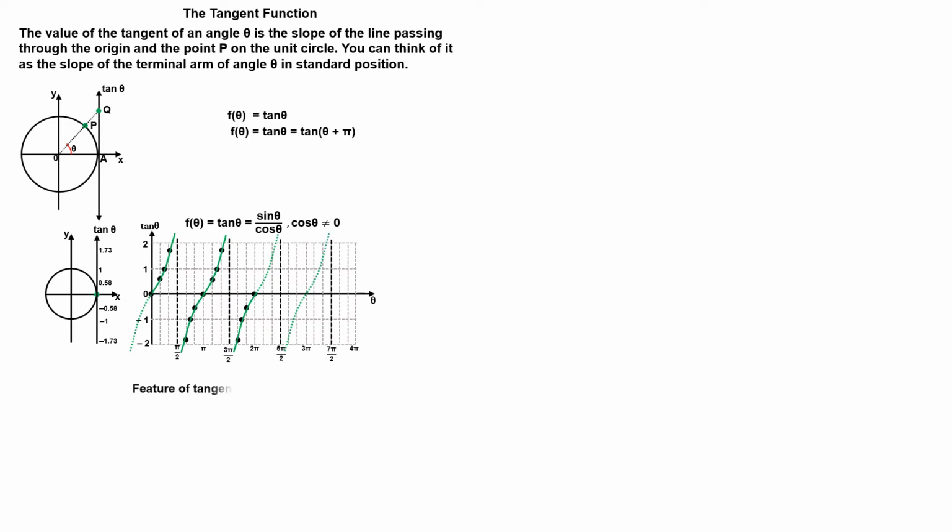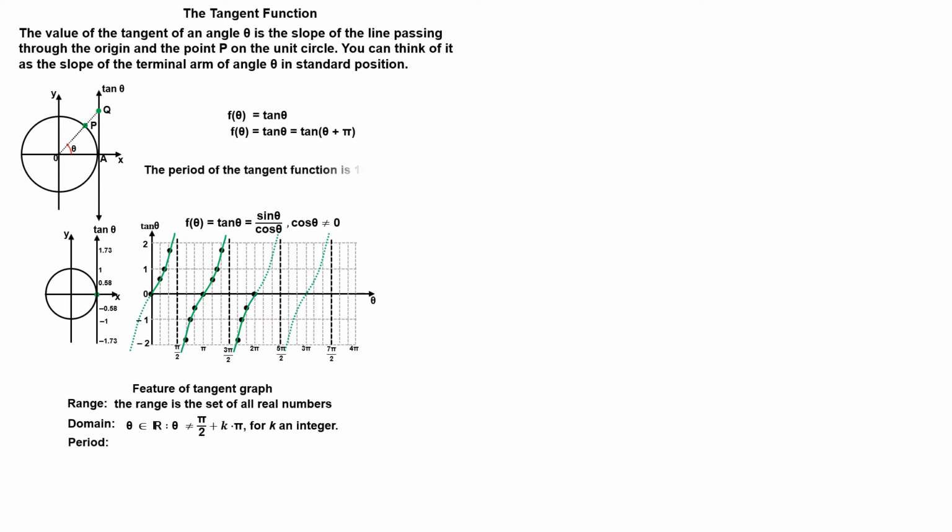Features of the tangent graph. Range. The range is the set of all real numbers. The domain of the tangent function is the set of all real numbers, except those in which the function is not defined.